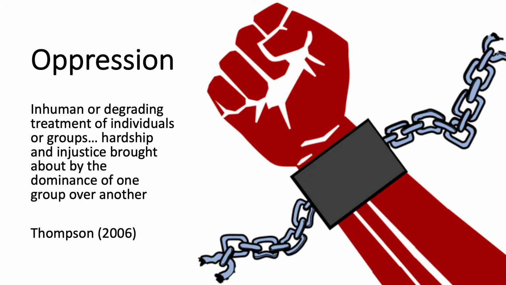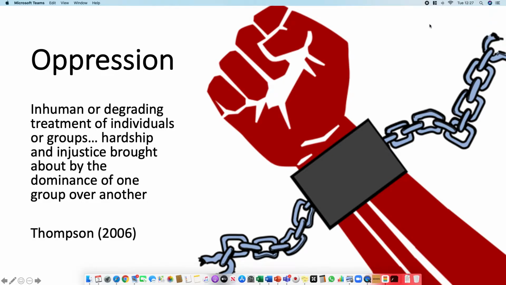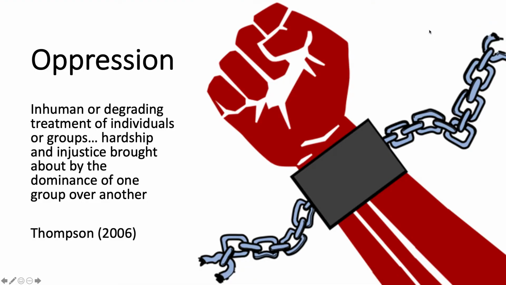So in simple terms, oppression happens when one group of people are treated differently by another group of people, because that group of people feel that they are more powerful than the other group.